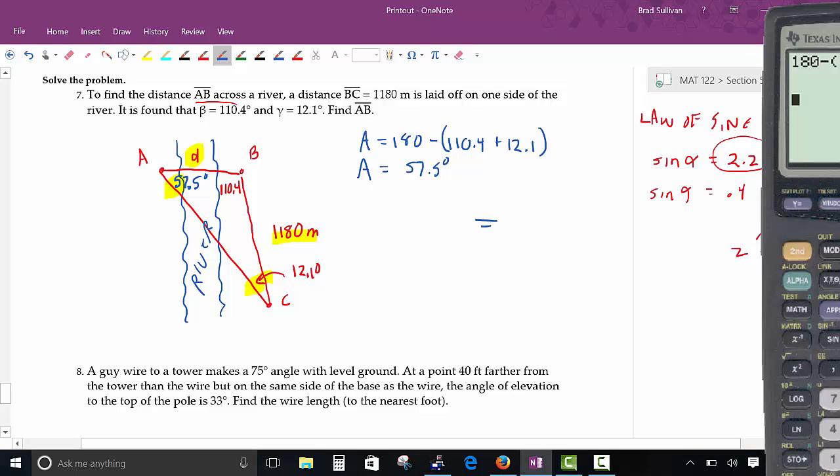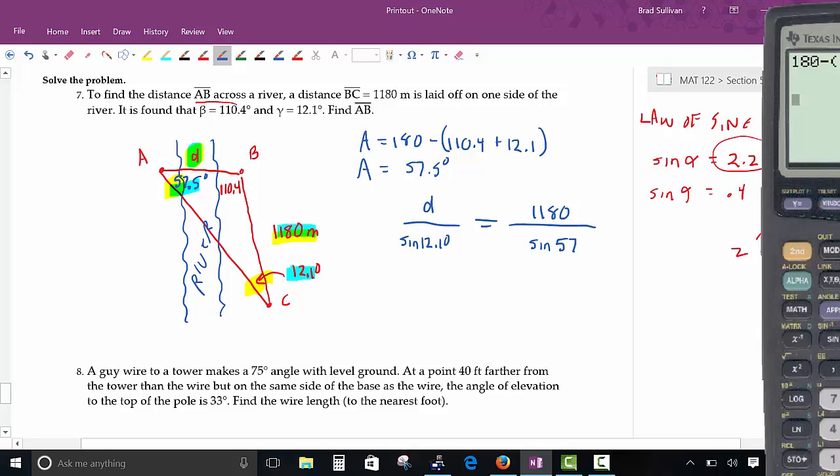All right, so now what we should have to do is just do the law of sines proportion. Okay, our job is to find D, so we're going to match D with its opposite side. Then we're going to match this side with its opposite angle. So we have 4 things we need, 3 of the 4 being known. All right, so let's set that up. So we're going to say D over the sine of the opposite angle, 12.1 degrees, is equal to the side, 1,180 meters, over the sine of the opposite angle.